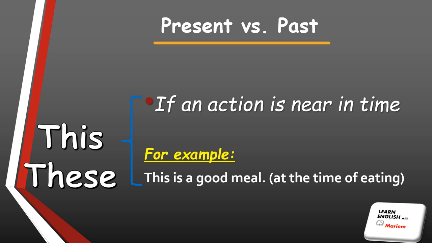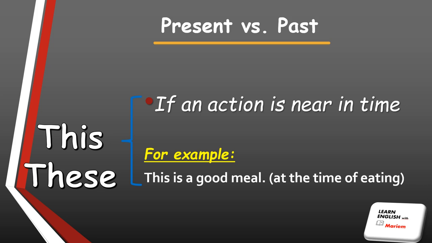For example, this is a good meal. إنها وجبة جيدة. هنا بما معنى إنه عملية تناول الطعام تحدث بالوقت الحاضر. At the time of eating. So I say this sentence when I'm eating the meal. Oh, this is a delicious meal.